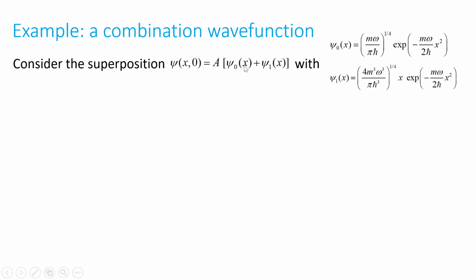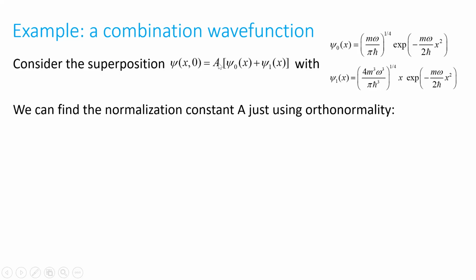Since we're dealing with a harmonic oscillator, psi 0 is this function up here on the right, and psi 1 would be the first excited state, which is this function here. We would need the normalization constant, and we can actually get it even though these expressions are kind of complicated.